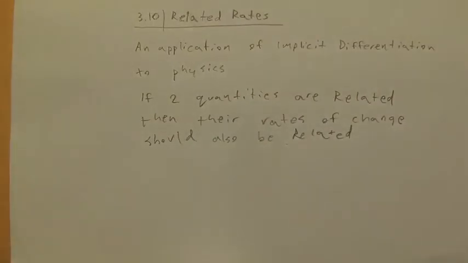It's just that we have two or more quantities that are all related to one another in certain ways. Then if one changes, the other should also change, in a related way. For example, when you're driving and you accelerate, you can see related rates in action, because your miles per hour on the speedometer goes up.